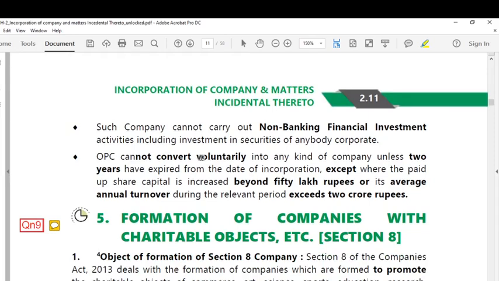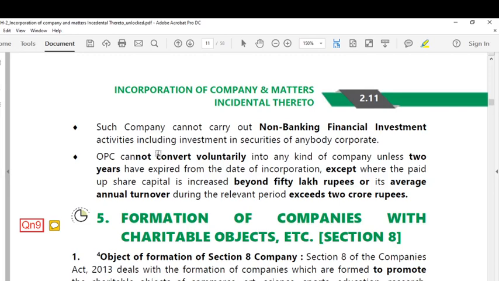And the 11th special provision here is that no OPC can carry out non-banking financial investment activities, which includes investment in securities of any body corporate. See here, dear students, OPC cannot be incorporated as a Section 8 company. That was what the previous point was saying.